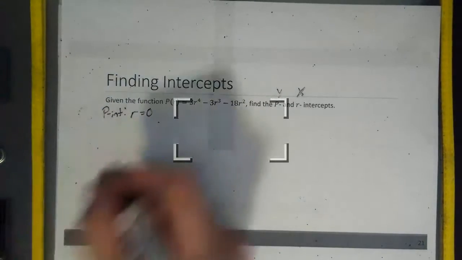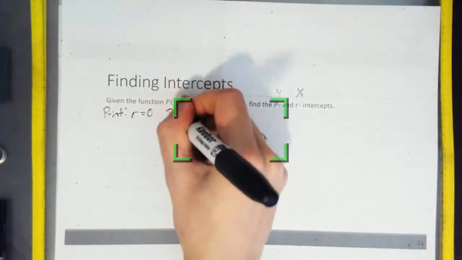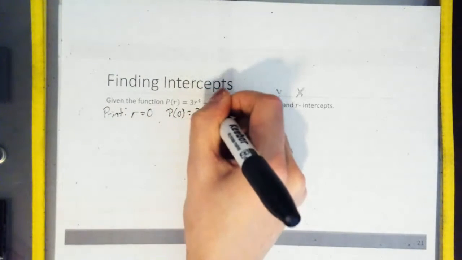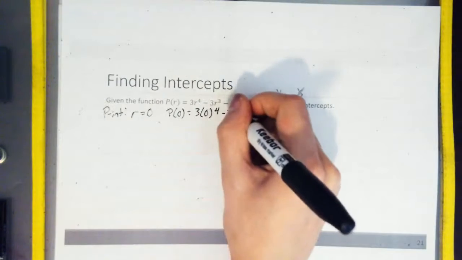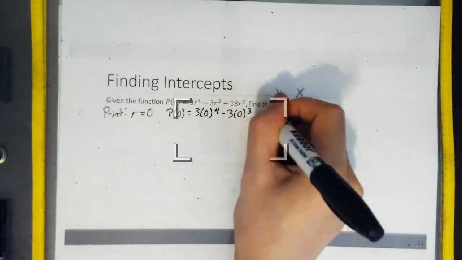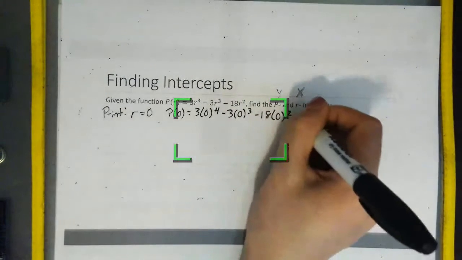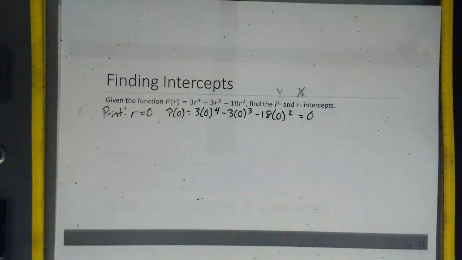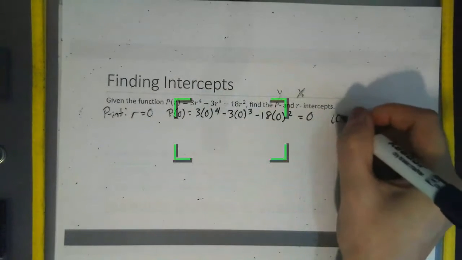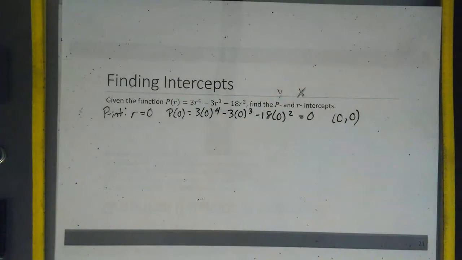So if we let r be equal to 0, we get p of 0 is equal to 3 times 0 to the fourth minus 3 times 0 cubed minus 18 times 0 squared. That's just 0. So we know when r equals 0, p equals 0.